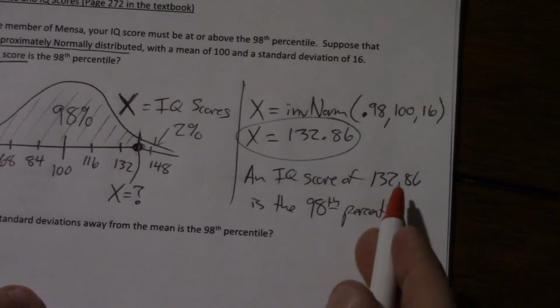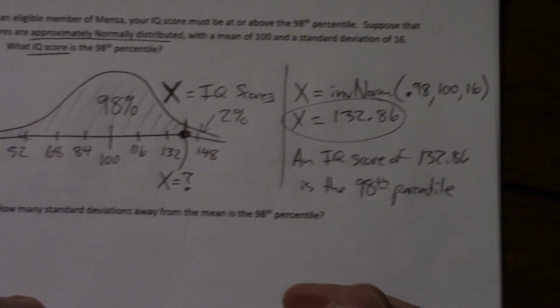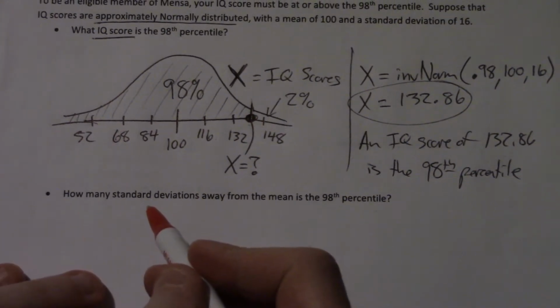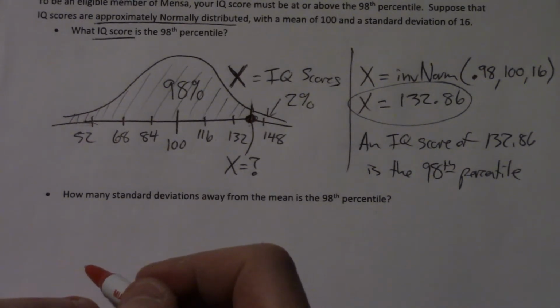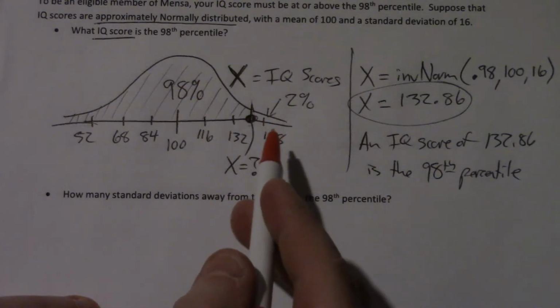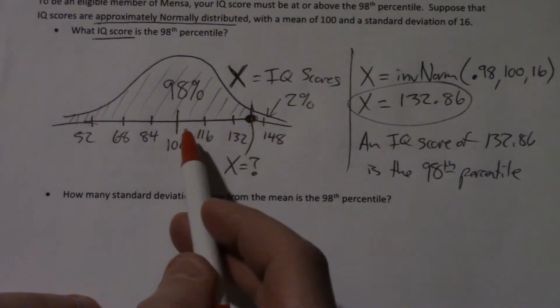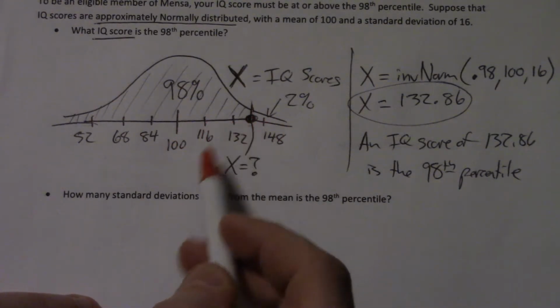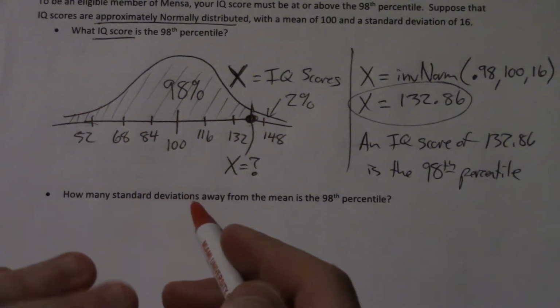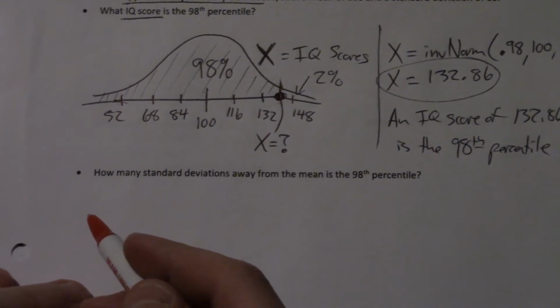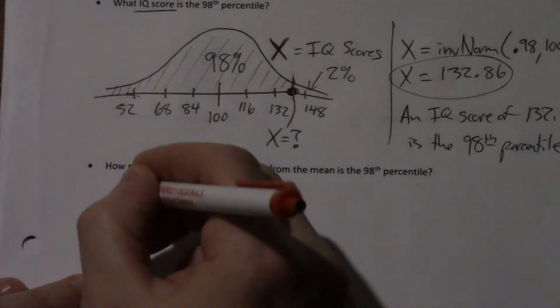So if your IQ is above that, then you can join Mensa. So next, how many standard deviations away from the mean is the 98th percentile? So since our sketch worked out, we can see that it's a little bit above 2 standard deviations above the mean. But how can we actually find the number of standard deviations? Well, that's our old friend, the z-score.